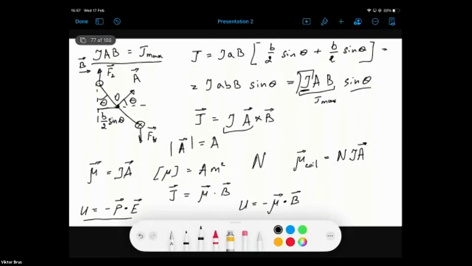Area and magnetic field are constant, they are not changing. And that's why if we attach some spring to this coil, it will deflect from the steady state position proportionally to the current which flows through this coil.